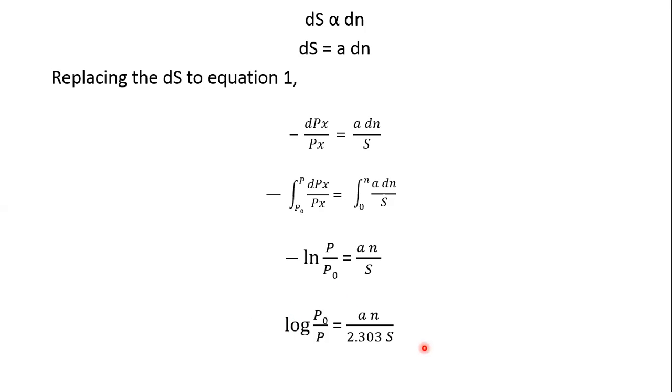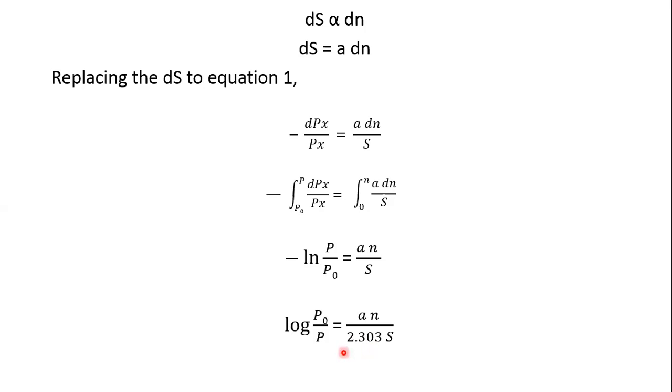So the final equation becomes log P upon P naught is equal to a n upon 2.303 into S. Now to remove this negative sign, we flip this relationship, and P upon P naught becomes P naught upon P. So the final expression is log P naught upon P equal to a n upon 2.303 into S.